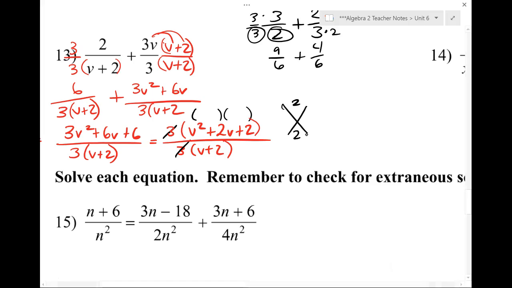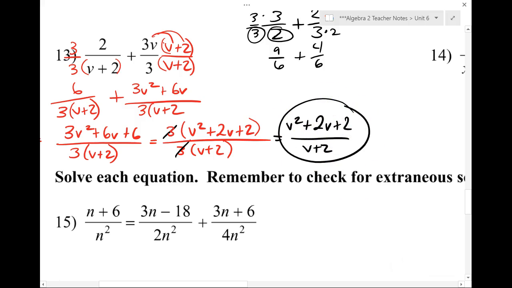So there's no combination that's going to work to factor that out. So we leave that as is. So then we're left with, my final answer is v squared plus, sorry, plus 2v plus 2, all over v plus 2.